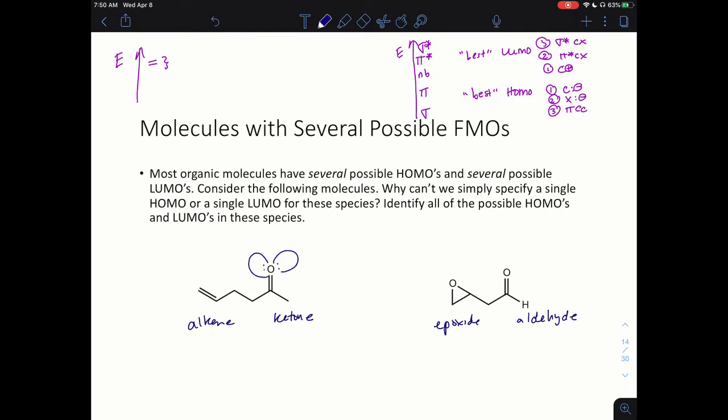Those are certainly potential donor orbitals. And then you have your pi orbitals on the alkene, so the pi CC is also a potential donor. So we have two potential donors here.